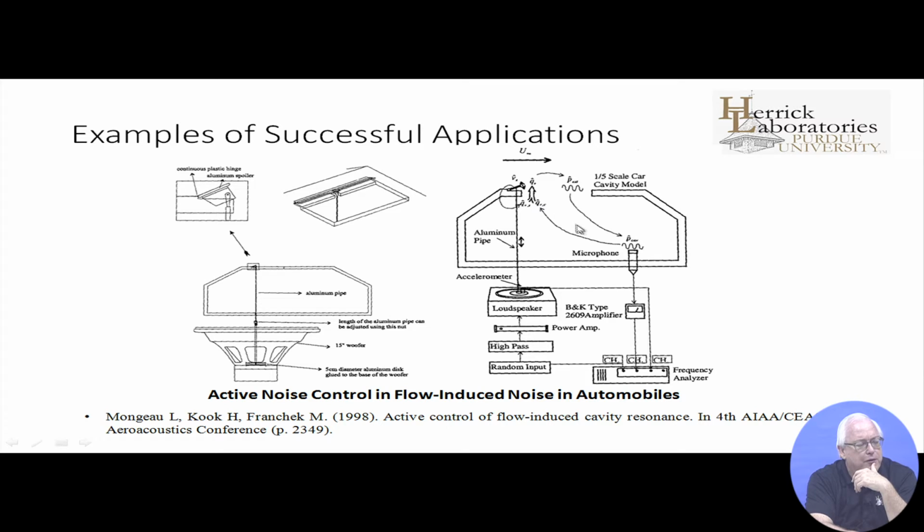So this was not a system in which you put canceling sound into the interior, but actually tried to control the mechanism that was generating the sound. So there's this active flap at the leading edge of the sunroof that is trying to cancel or control the vortex shedding across the top of the sunroof that gives rise to the boom to begin with.